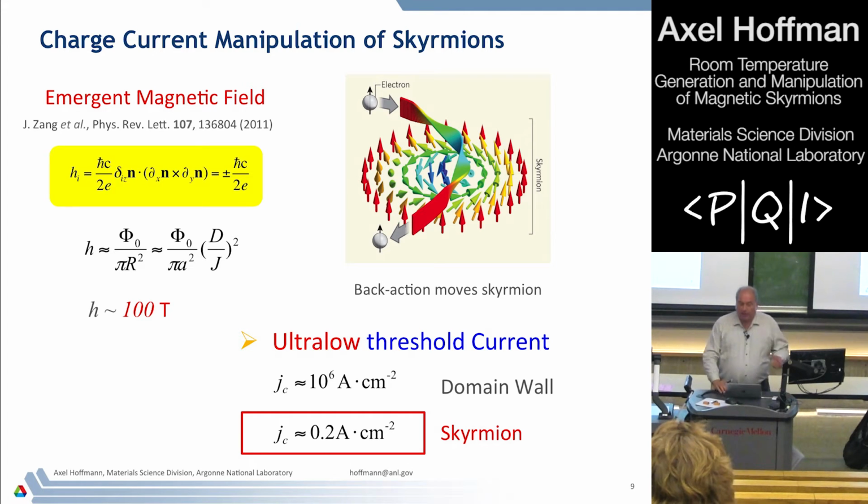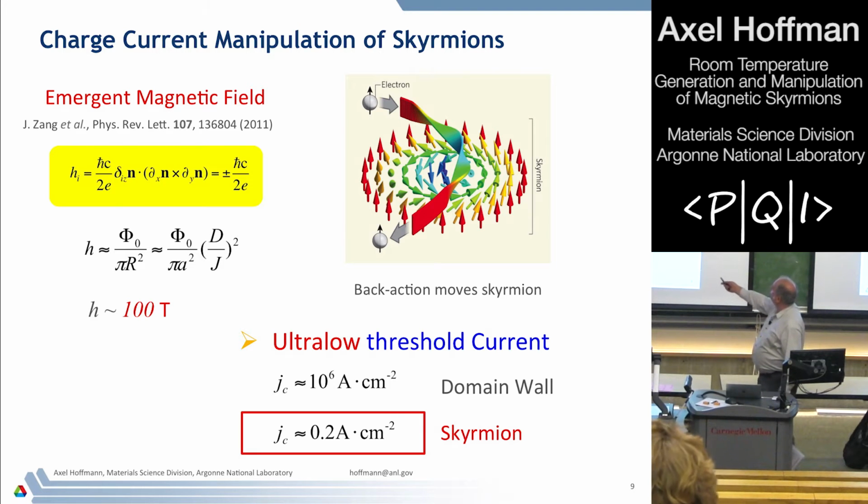But there's another effect. As you move this electron through this spin texture, this emergent field also gives rise to deflection, like a Hall effect. This is known as a topological Hall effect. But as the electron is deflected, this puts a back action on the skyrmion, and that moves the skyrmion as well. And it turns out that this is a very big handle to move a skyrmion, and it allows to move skyrmions with very low currents.